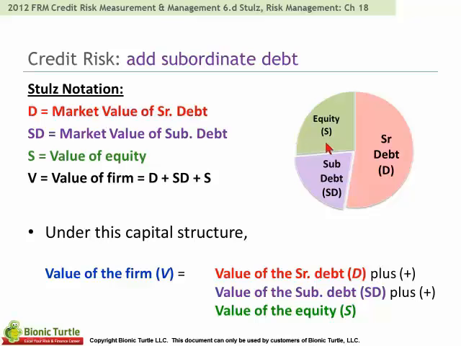If there's nothing left over for equity, it gets wiped out. On the other hand, equity has all of the upside leverage. And so now the value of the firm, and similarly, if this is the right-hand side, this is the capital structure, we say the value of the firm is the sum of the senior debt, the subordinated debt, and the equity.